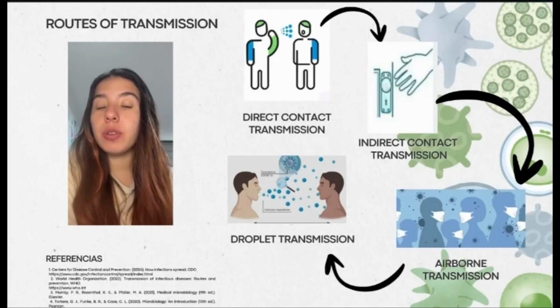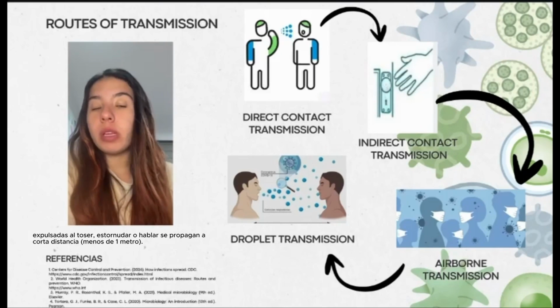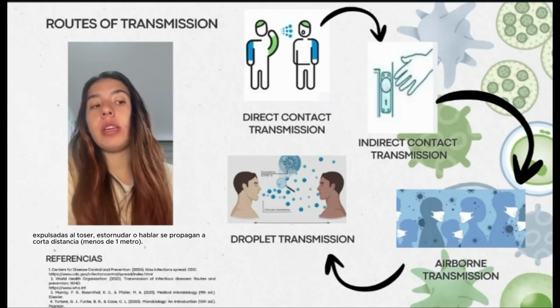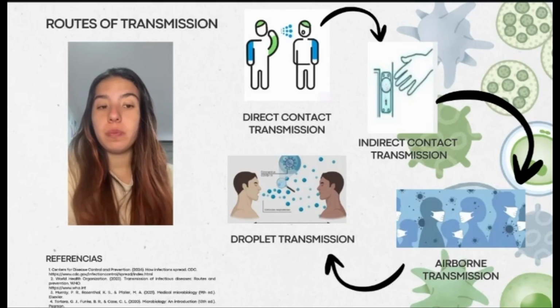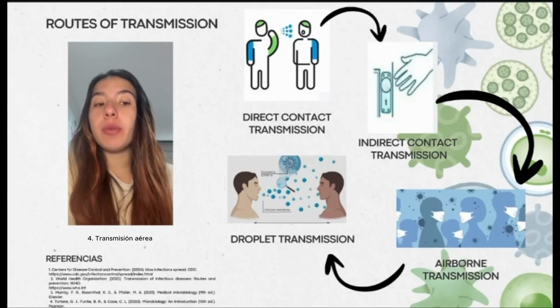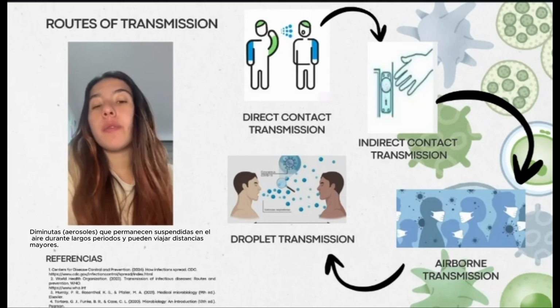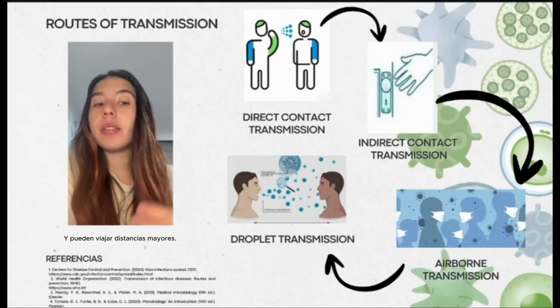Droplet transmission occurs when respiratory droplets from coughing, sneezing, or talking travel a short distance. Example: influenza, COVID-19. Airborne transmission involves particles that remain suspended in the air for long periods and can travel long distances.